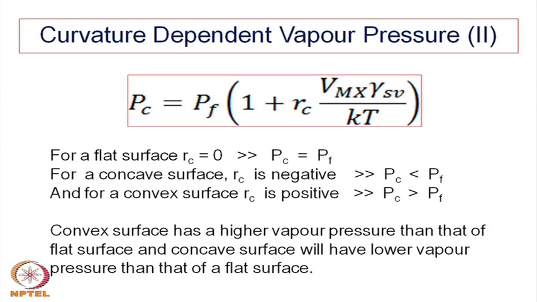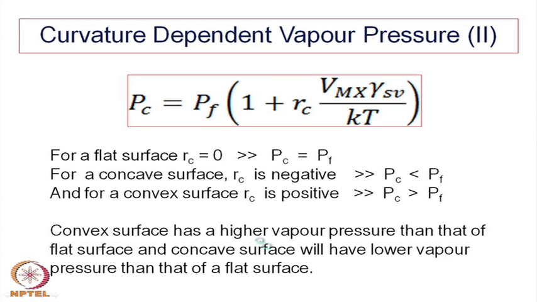The local driving force is either the concentration difference of vacancies or, in this particular case, the vapor pressure difference. So the vapor pressures automatically change depending on the curvature, irrespective of temperature or any composition.